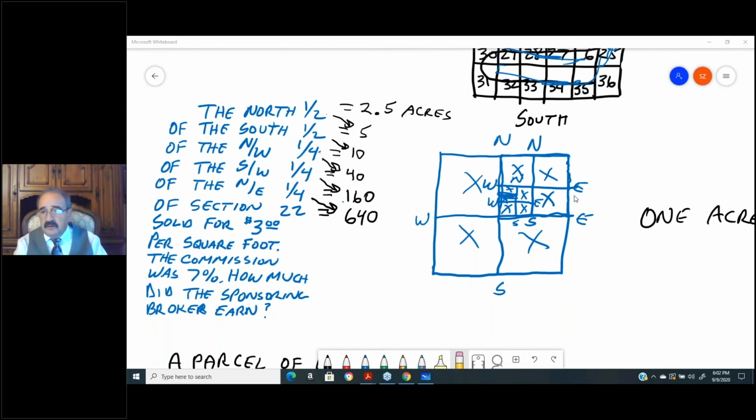Now, this particular legal description, you're going to see something very similar to this one. Let me just read it over. I just want to recap. The north half of the south half of the northwest quarter, the southwest quarter, the northeast quarter of section 22. Sold for $3 per square foot. The commission was 7%. How much did the sponsoring broker earn?